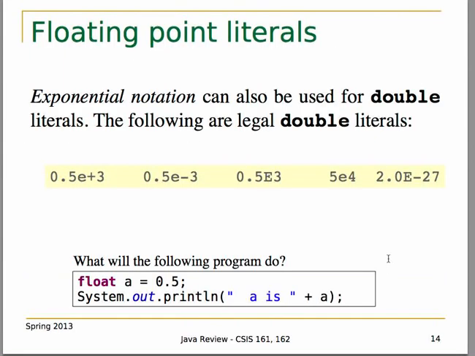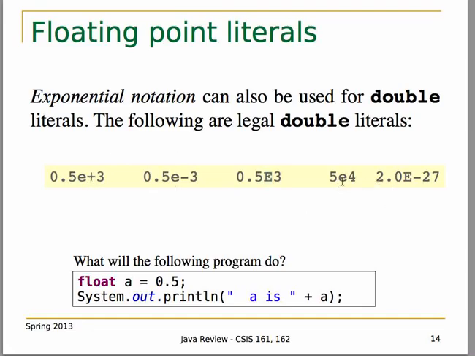Okay, and then we can also use exponential notation. This just means 0.5 times 10 to the power 3. This is 0.5 times 10 to the power minus 3, or 0.0005. Okay, so I'm hoping that you guys are familiar with that. You can use uppercase E, which means the same thing as this.